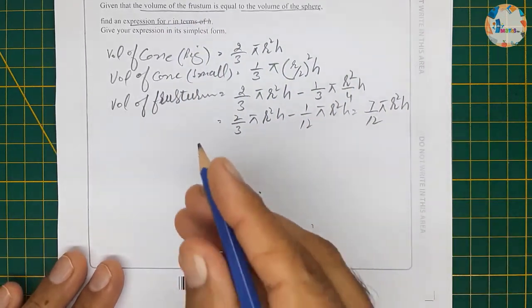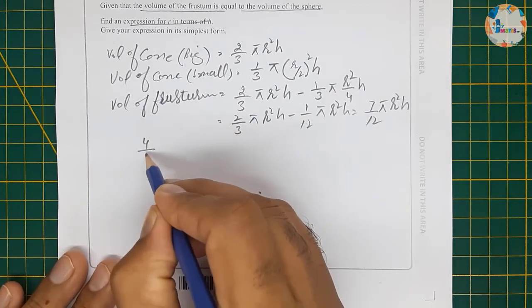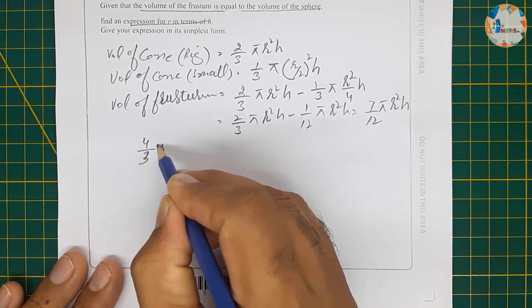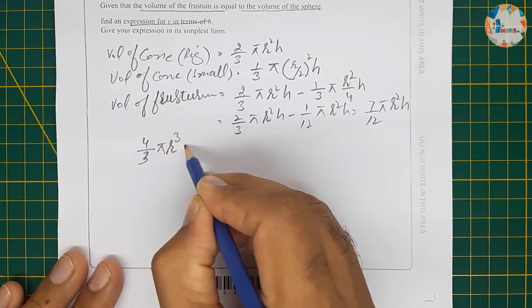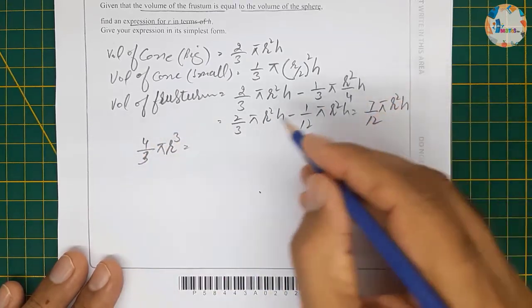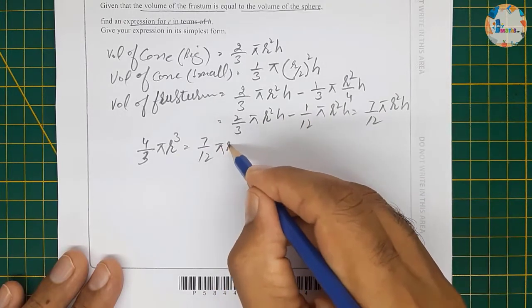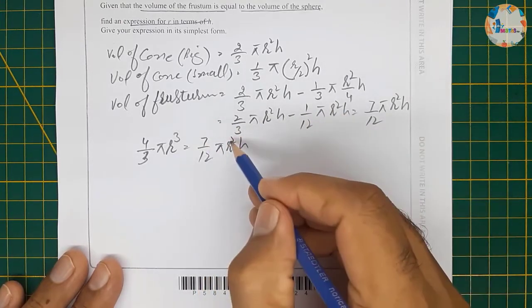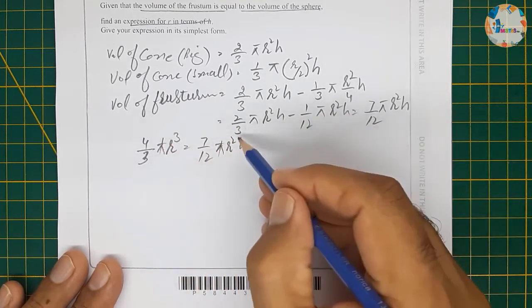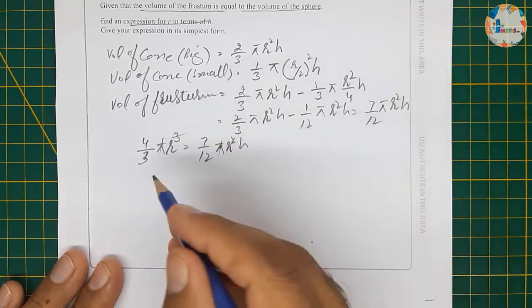Now we will write the volume of sphere, which is 4 by 3 pi r cube. This will be volume of the sphere, is equal to this one 7 by 12 pi r squared h, and pi will be cancelled with pi, r square will be cancelled with this cube.